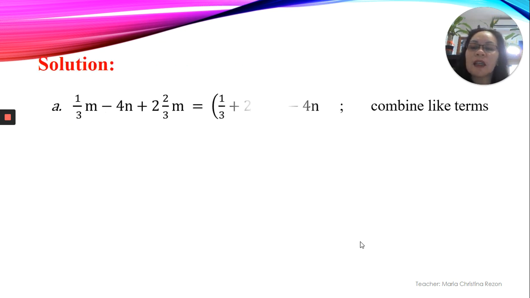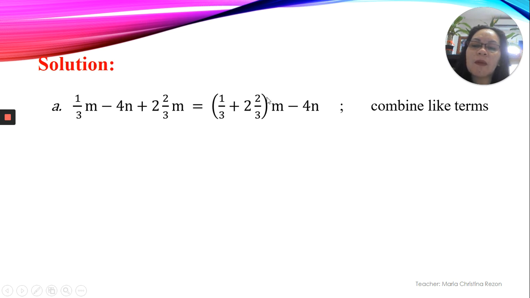Let's do letter A. You have 1/3 m minus 4n plus 2 and 2/3 m. We combine like terms, and we have m for both the first and the third terms, so we can combine them together.